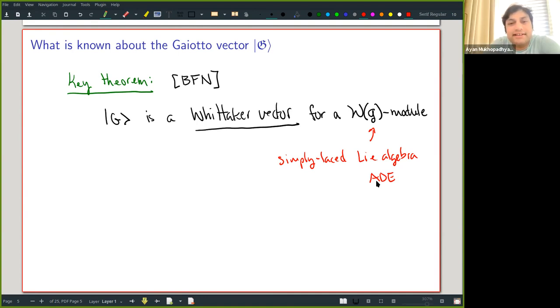Can I ask a very naive question again? It's probably on the physical side. Does this 4D, 2D correspondence play some role? Because when you're talking of these vertex algebras, it looks like you're doing some 2D computation.